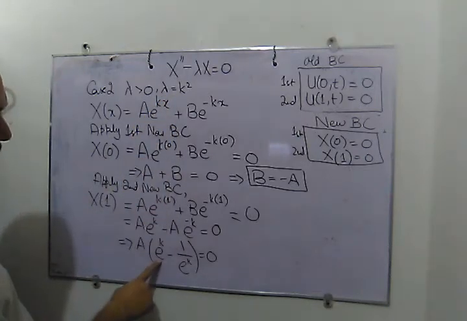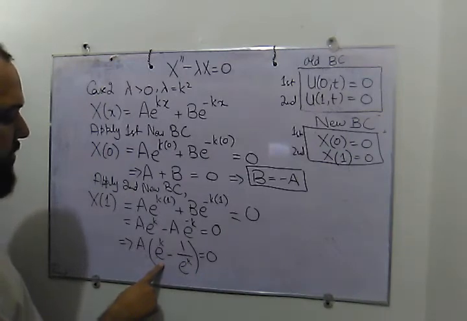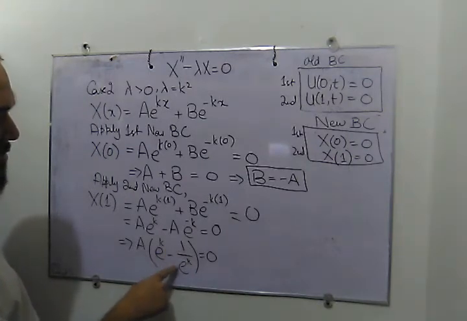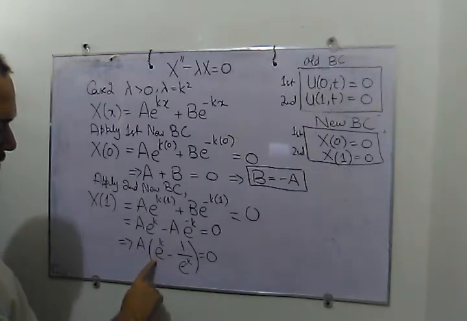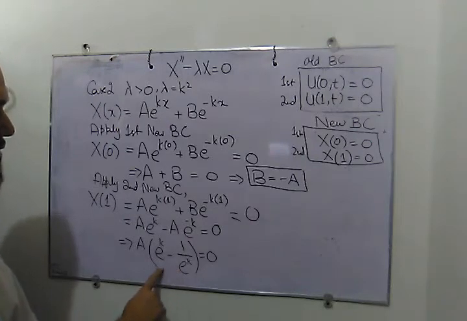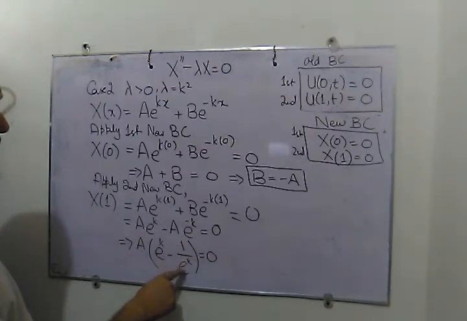If something is exponentially increasing and we subtract 1 upon the same thing, then 1 upon it must be less than it. The term being subtracted is always lower, because one is the fraction and one is the whole term.